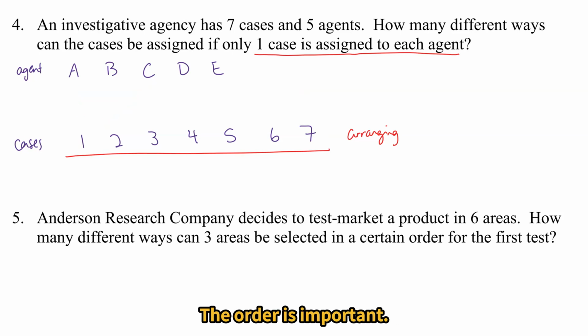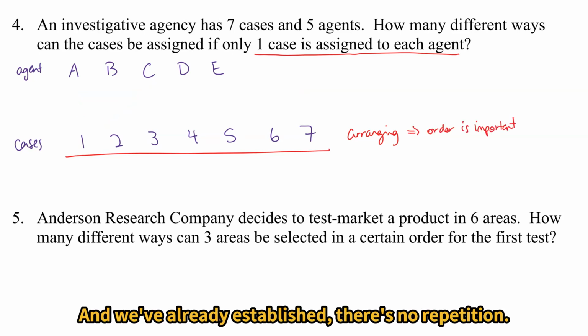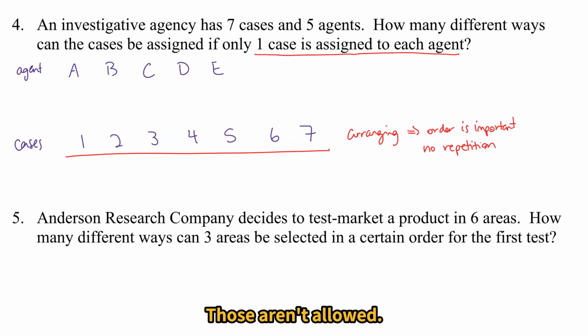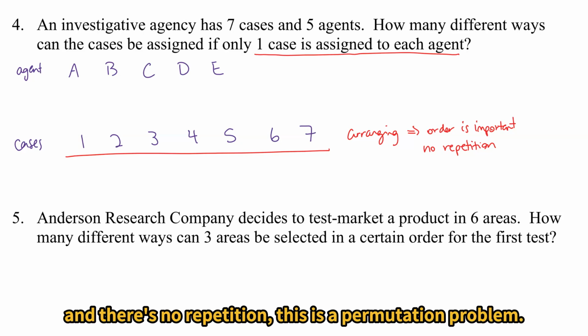The order is important. And we've already established there's no repetition. I can't assign one case to 2 agents or one agent to 2 cases. Those aren't allowed. And when order is important and there's no repetition, this is a permutation problem.